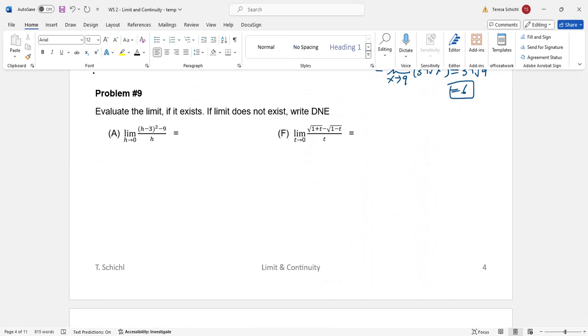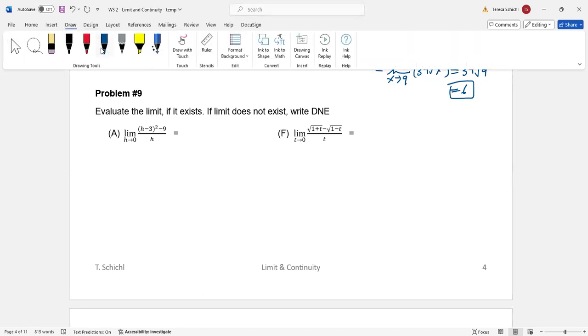Setting h equal to 0, we get 0 minus 3 squared, so it's 9 minus 9, which is equal to 0. So it's 0 over 0.